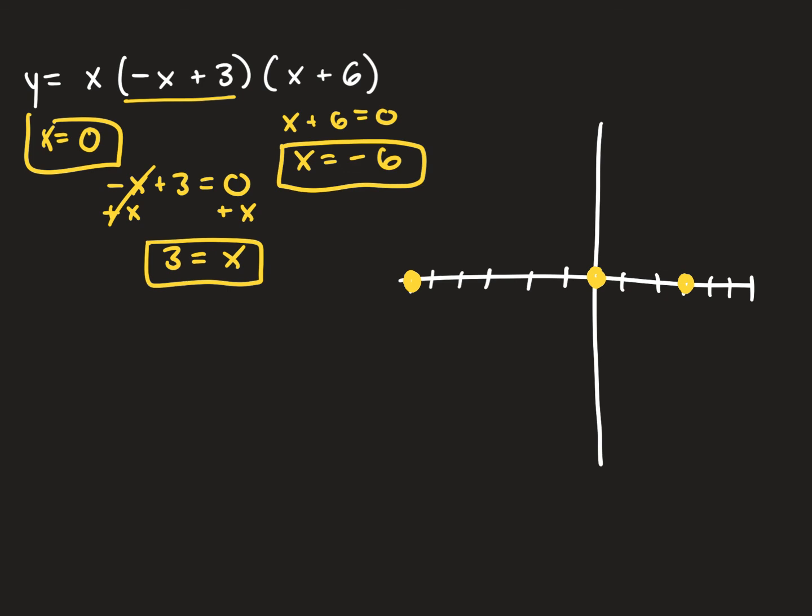Now I need to check the end behavior. How many x's total do I have? 3. So it's an x cubed graph. Do any of those x's have a negative in front? How many of them? 1. So it's a negative x cubed graph. So what do my end behaviors do?